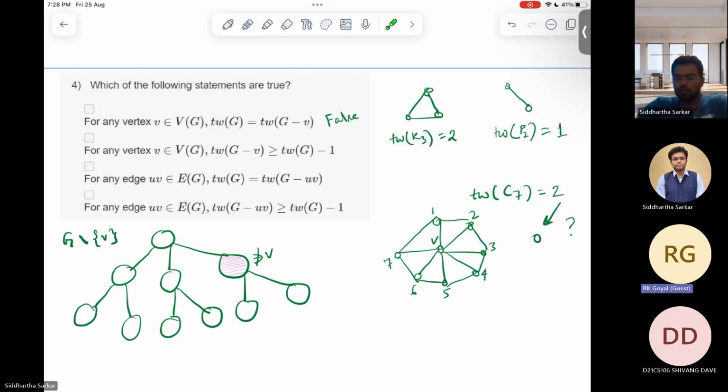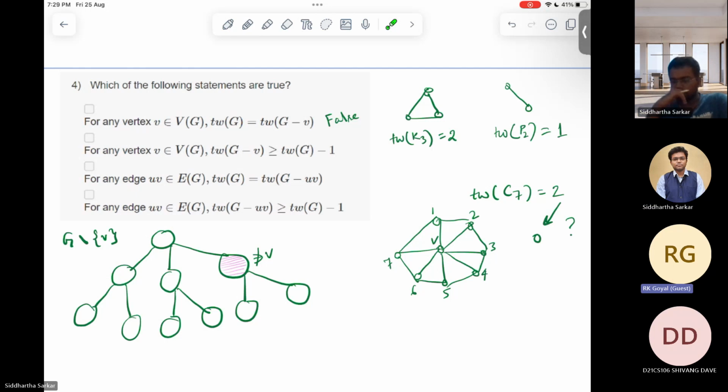However, if this is the bag which contains the maximum number of elements, and you remove this vertex V from here, the value of the TW could be less than or equal to the TW of the original graph minus one. Which exactly makes this inequality true.